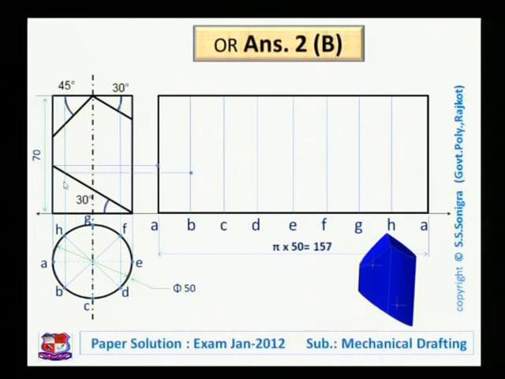Then from point B, draw a horizontal line that will cut the vertical line from point B at this point. From C, a horizontal line from point C that will cut C at this point. From point D, draw a horizontal line from this point and the vertical line from point D that will cut over here.